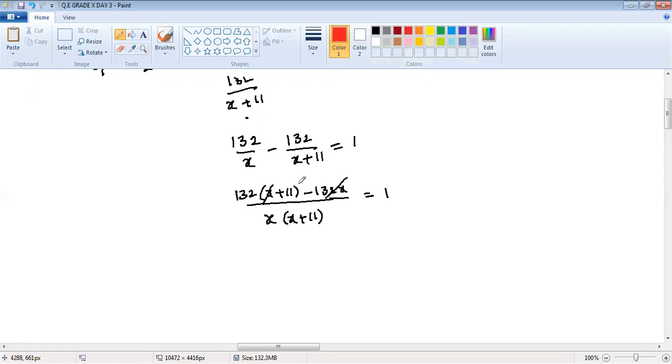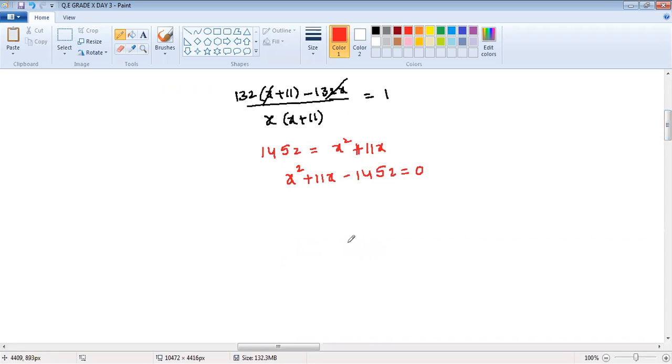Then 132 into 11, how much is that? 1452, which is equal to x square plus 11x. Then x square plus 11x minus 1452 is equal to 0.